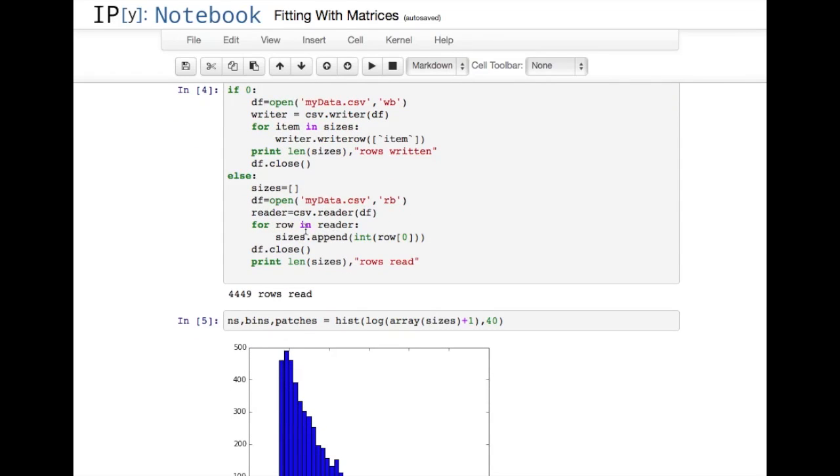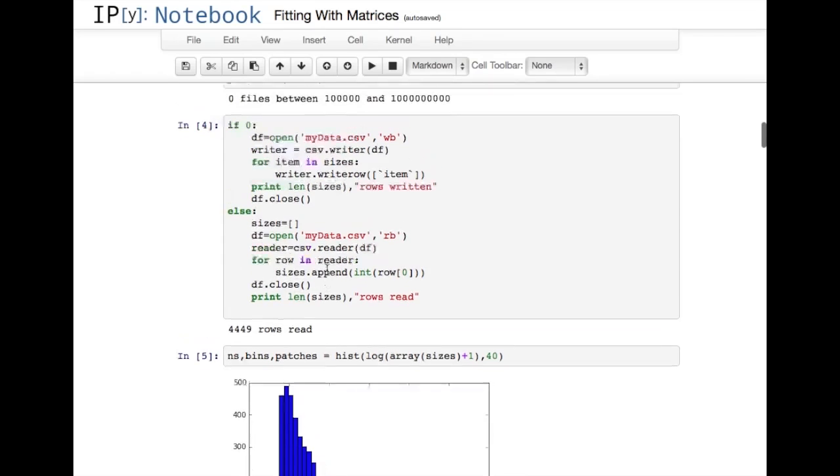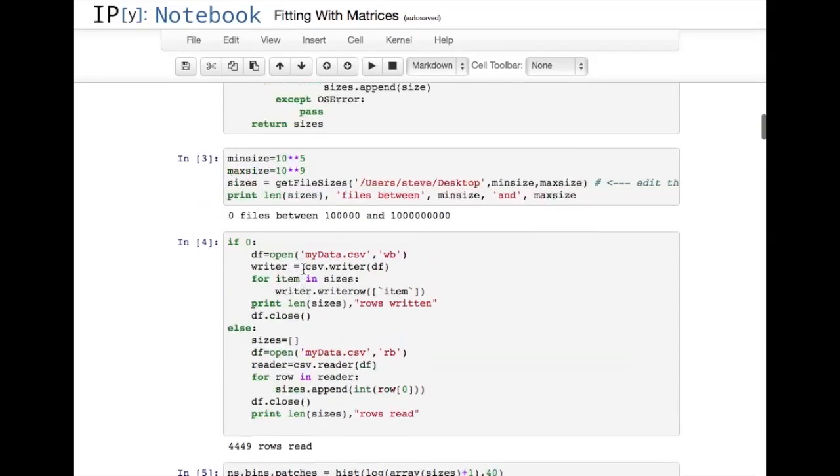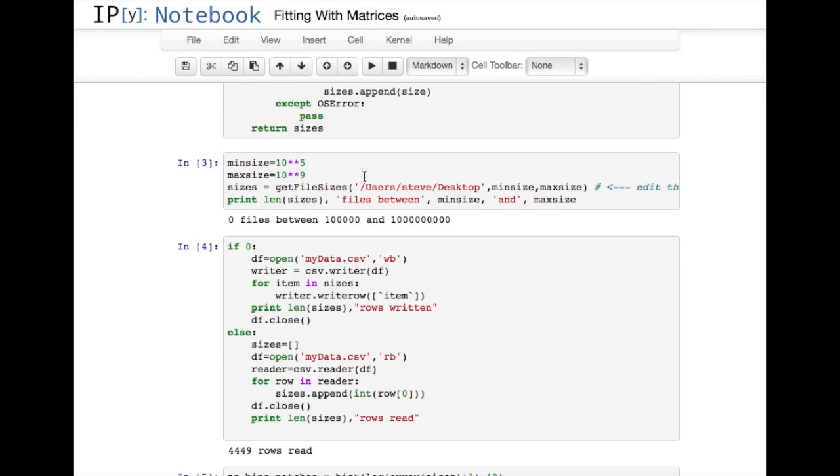If this branch executes, it goes out and opens the file, it creates a CSV reader, it loads the data up into the sizes array, and then closes the file. So basically, the top branch creates the file, the bottom branch reads the file, and loads the data from the file into the sizes array. So that's the idea.